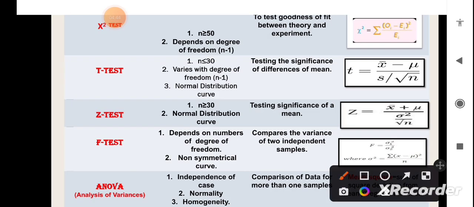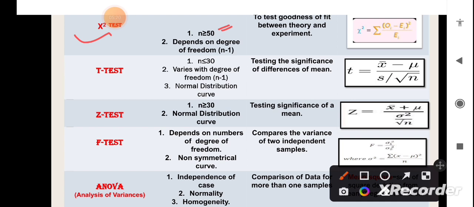Now let's discuss some statistical tests for hypothesis testing. In short, first is the chi-square test. Chi-square test is generally used for large samples, that is, the sample size must be greater than 50. The chi-square depends on the degree of freedom, and for calculating degree of freedom we just have to subtract 1 from the number of values in any data set.